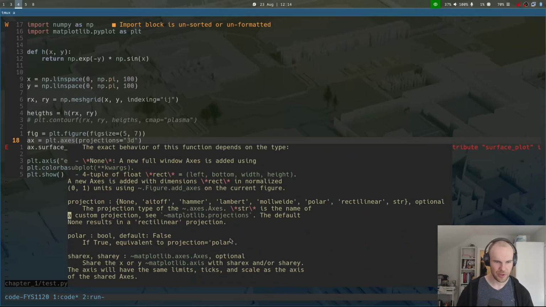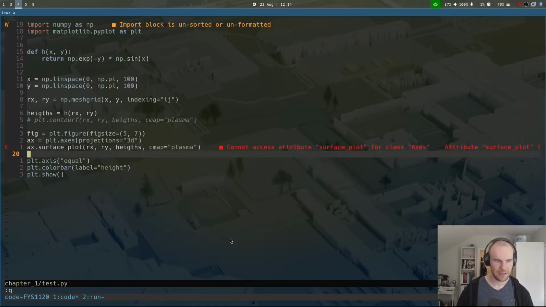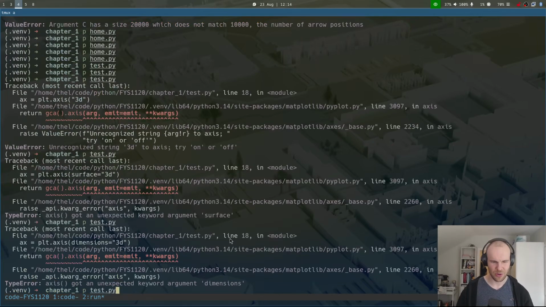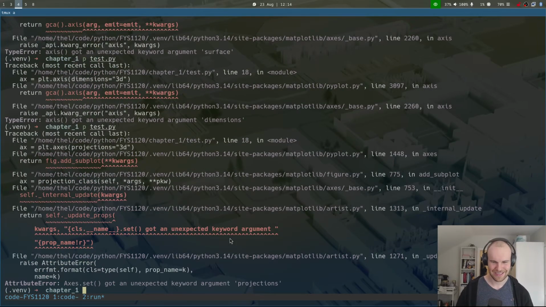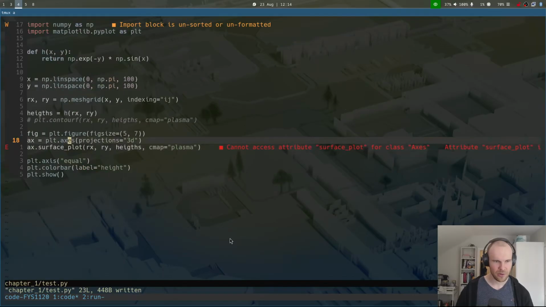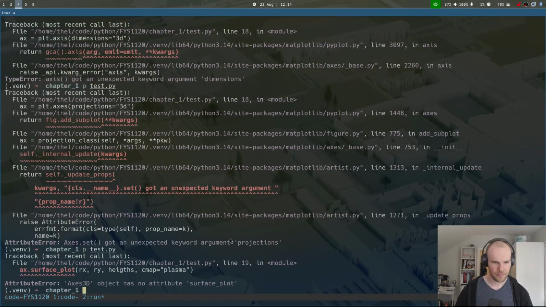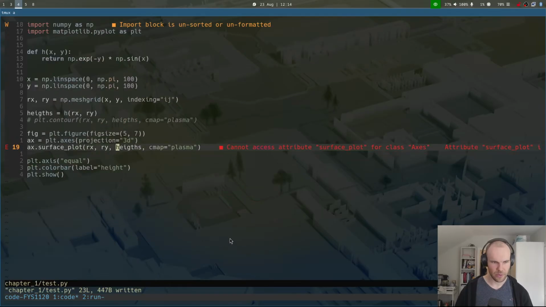Yeah, there's projection. Okay, now it's either surface plot or plot surface. Projections, what are you talking about? Axis or projection? No? There we go. Okay, so it's plot surface.